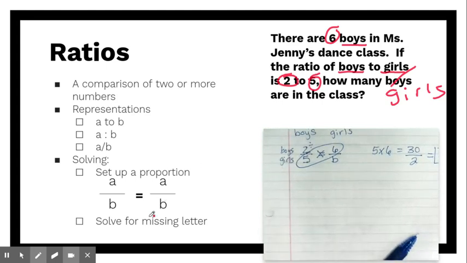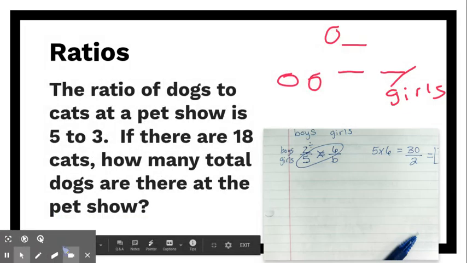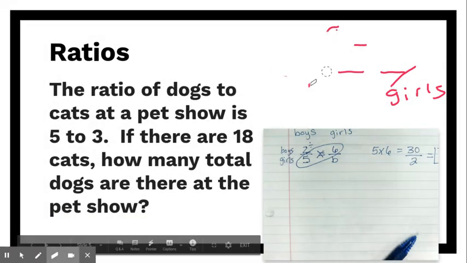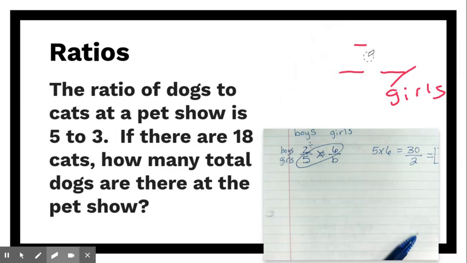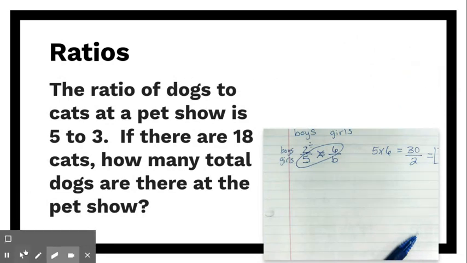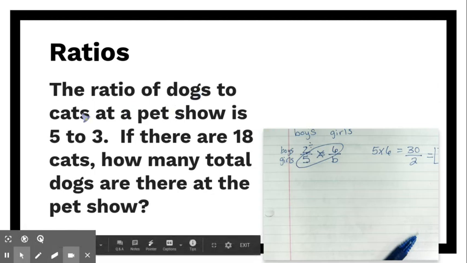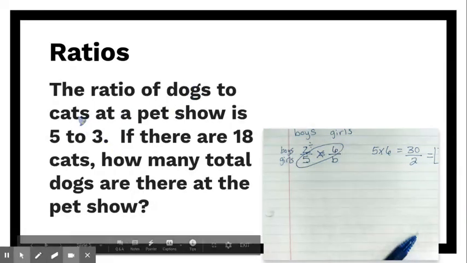Okay, let's move on. Let's do another example. The ratio of dogs to cats at a pet show is 5 to 3. My two things that I'm working with here are dogs and cats. It says 5 to 3, so the first one is dogs and the second is cats.